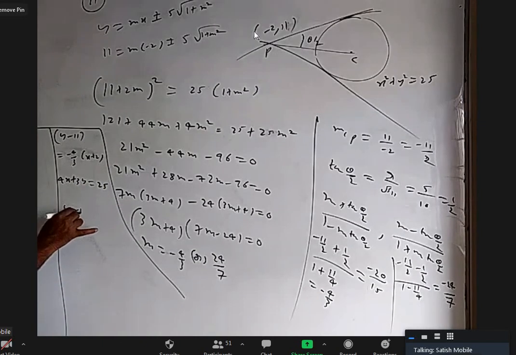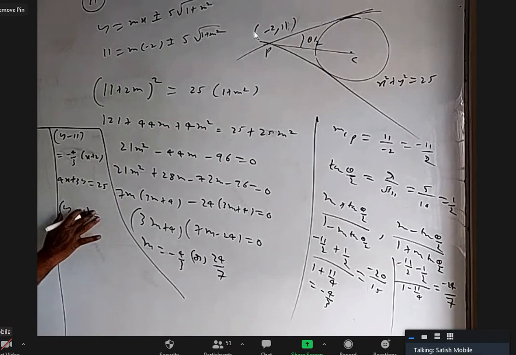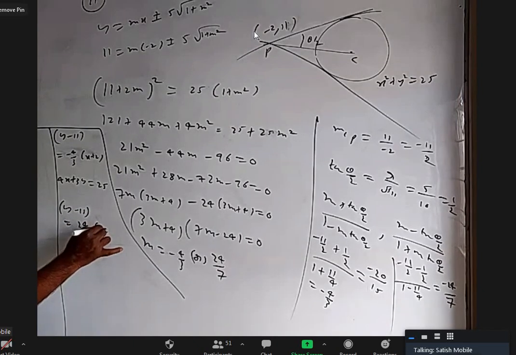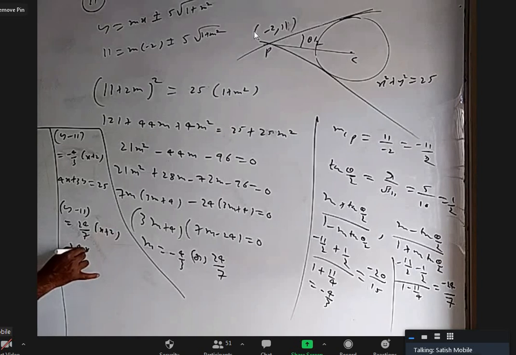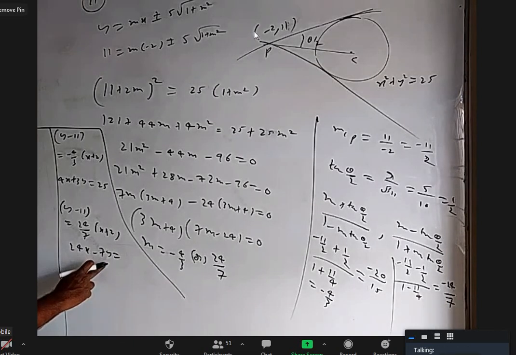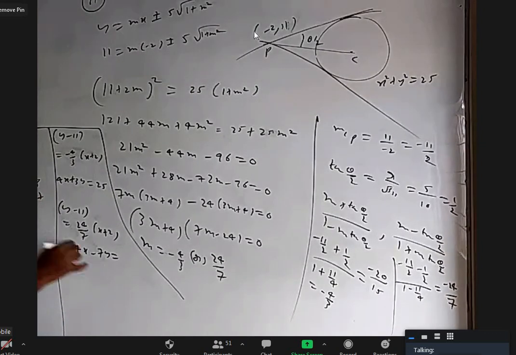The other one will be y minus 11 equal to 24 by 7 into x plus 2. 24x minus 7y, we put minus 48 minus 77, 125.